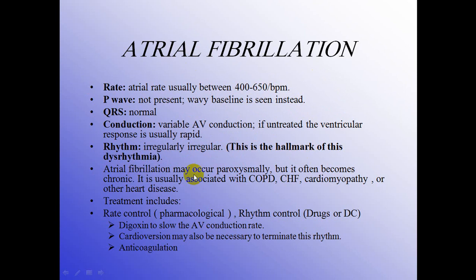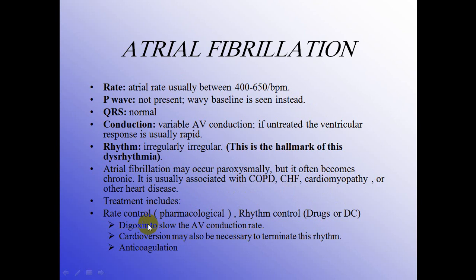Atrial fibrillation may occur paroxysmally, meaning in paroxysms, but it often becomes chronic or permanent. It's usually associated with chronic obstructive airway disease, congestive heart failure, cardiomyopathy, thyrotoxicosis, myocarditis, pericarditis, hypertension, and so on. A lot of causes of atrial fibrillation.